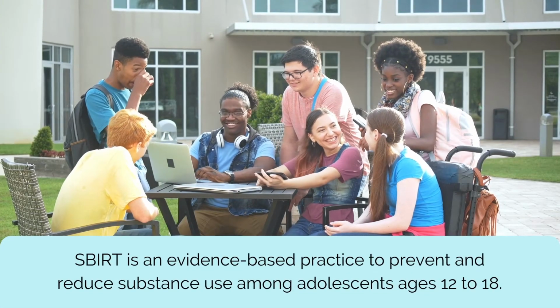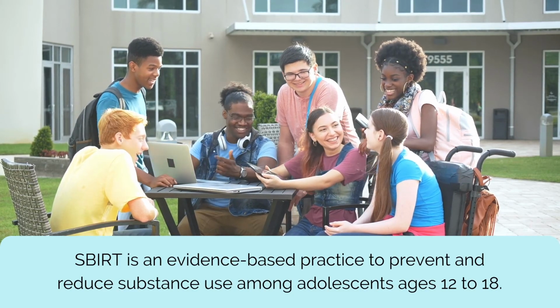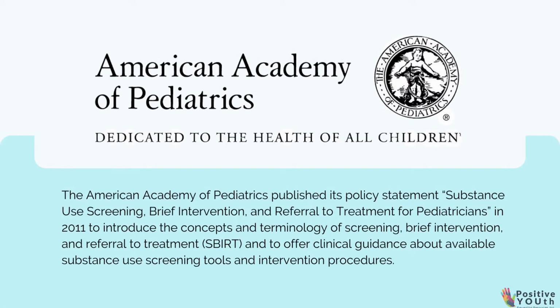The screening, brief intervention, referral to treatment, or SBIRT model is widely recommended as part of routine well visits in pediatric primary care. It is an evidence-based practice to prevent and reduce substance use among adolescents ages 12 to 18. The American Academy of Pediatrics encourages primary care clinicians to follow the SBIRT model and recommends universal screening for substance use with adolescents.